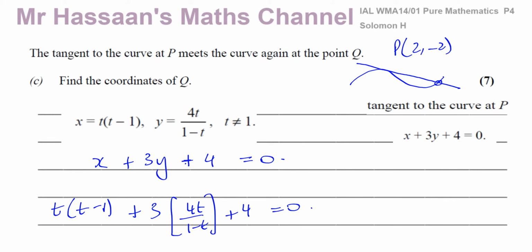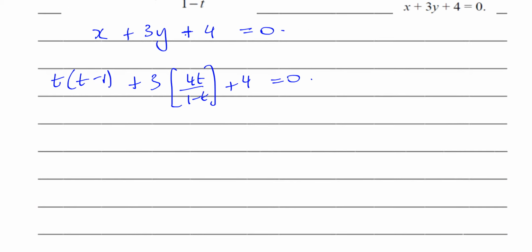So if I solve this equation for t now, I will get the values of t where these intersect, and then I can use that to find what Q is. So this is going to give me t squared minus t plus 12t over 1 minus t. I'll just put equals minus 4. I can actually leave it here because it doesn't really affect anything.